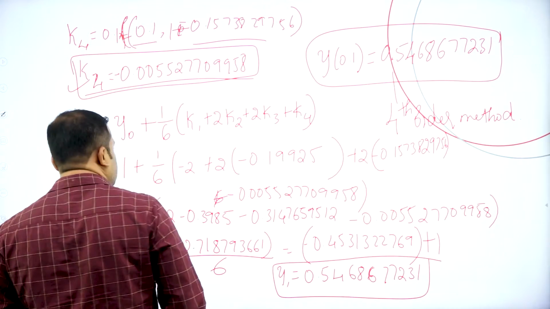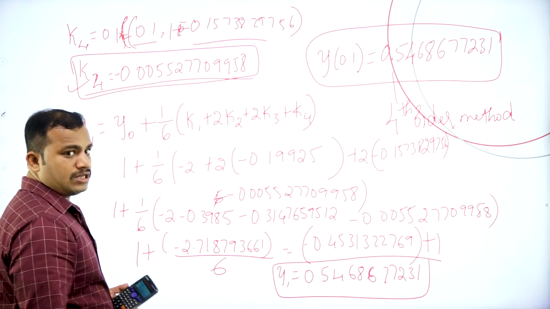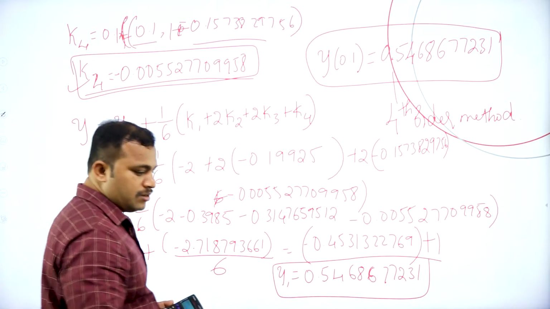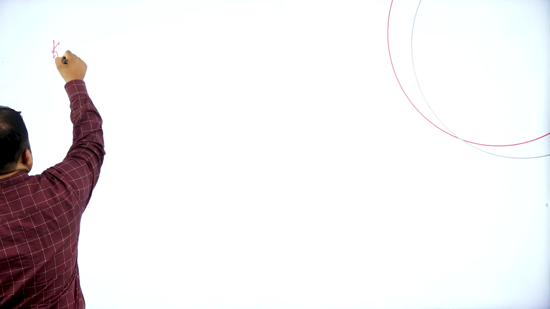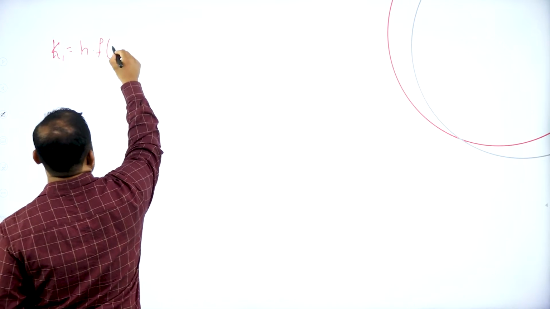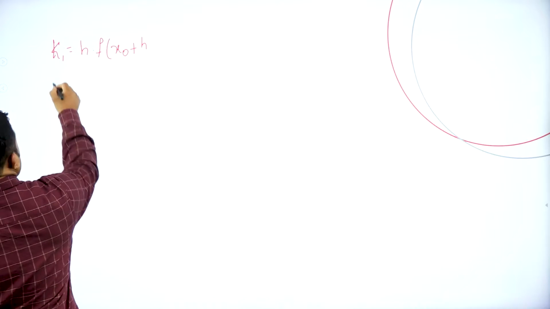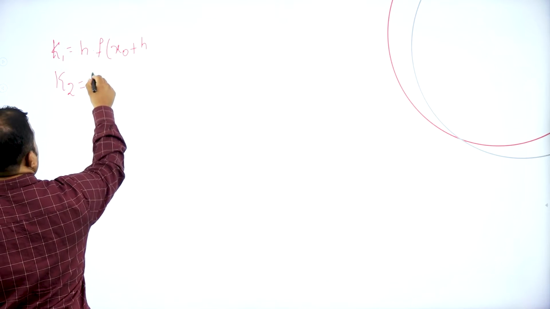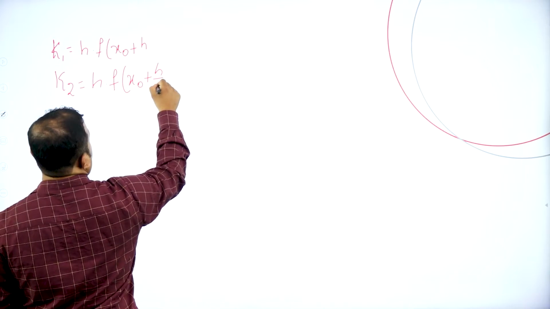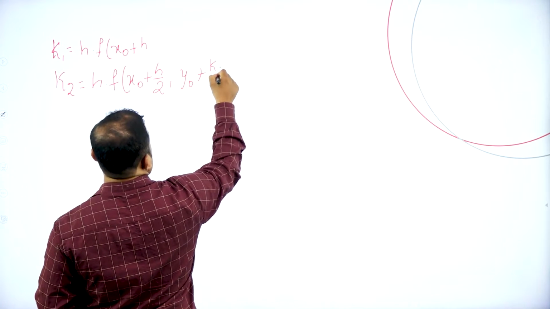By the Runge-Kutta second order method, let me consider only these two terms. What is that? K1 and K2 are considered here. If that is the case, what is the formula? K1 is equal to h into f of x0 comma y0. K2 is equal to h into f of x0 plus h by 2 comma y0 plus k1 by 2.